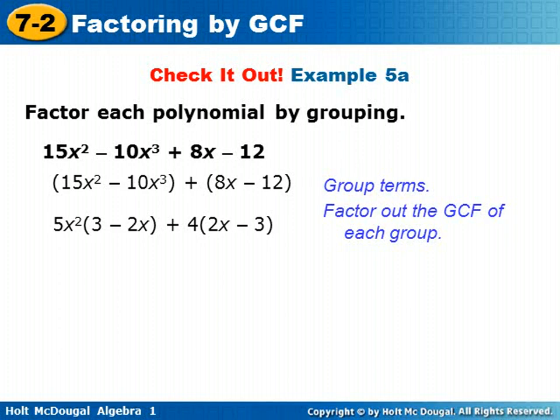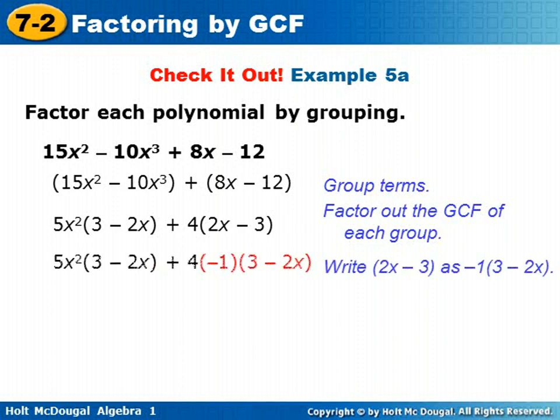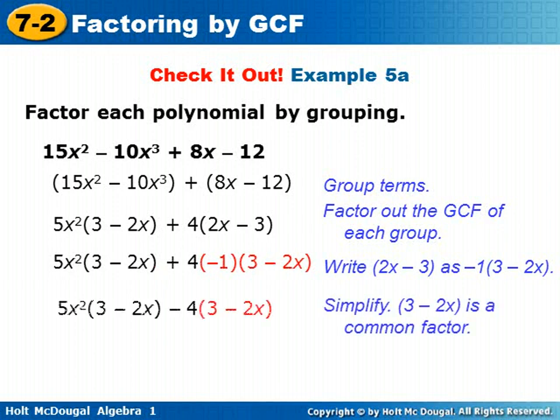Notice that the binomials we have left in the parentheses are opposites, so we want to pull out a negative 1 from the second one as well. The positive 4 becomes a negative 4, and then the common factor is 3 minus 2x. So we factor it out, and we get 3 minus 2x times 5x squared minus 4.